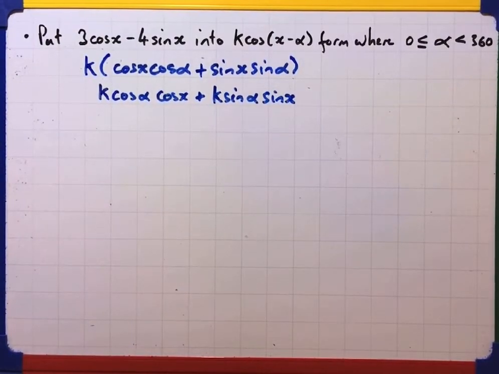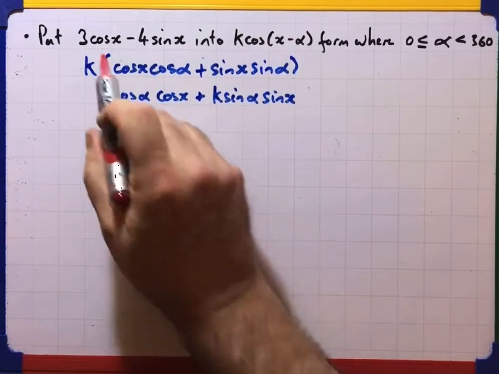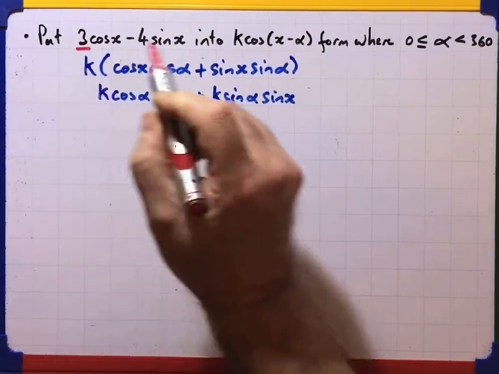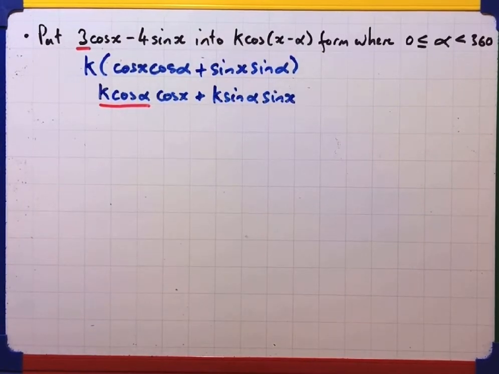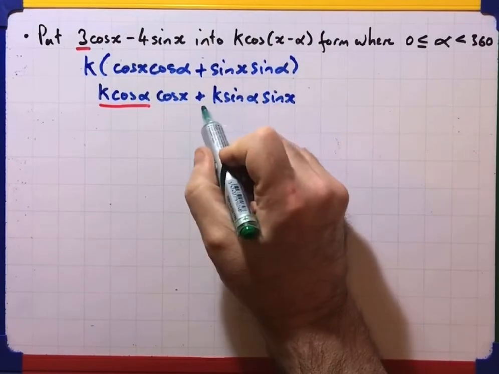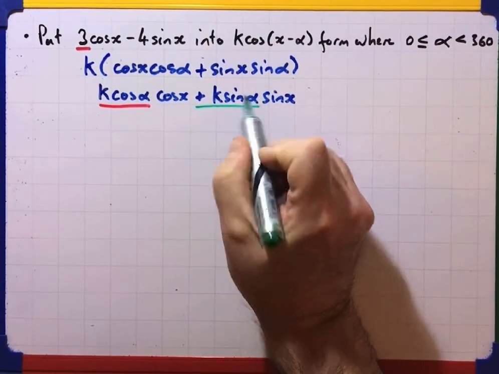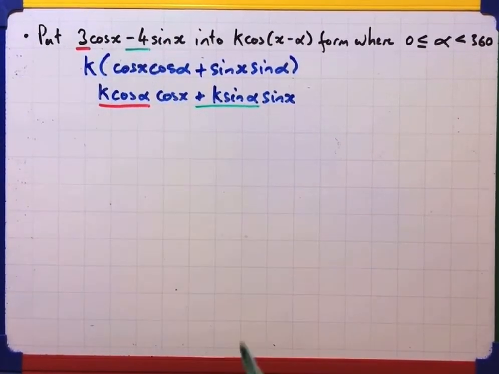As before, we can compare. The bit in front of the cos x, which is 3, must be the same as k cos alpha, and the bit in front of the sin x, which is minus 4, must be the same as k sin alpha.